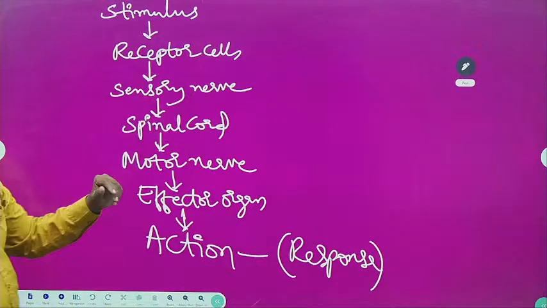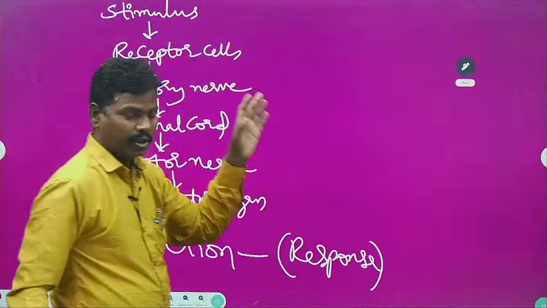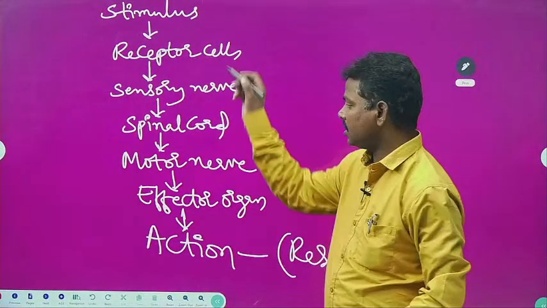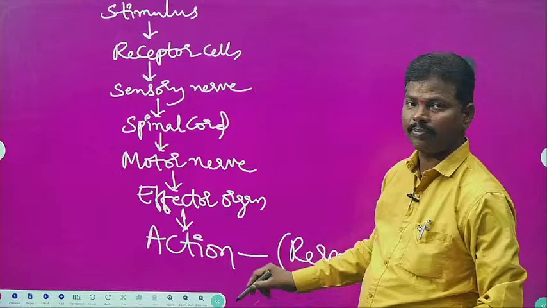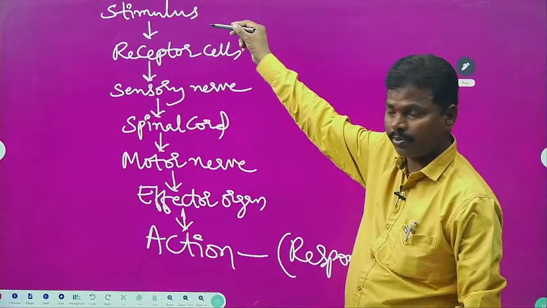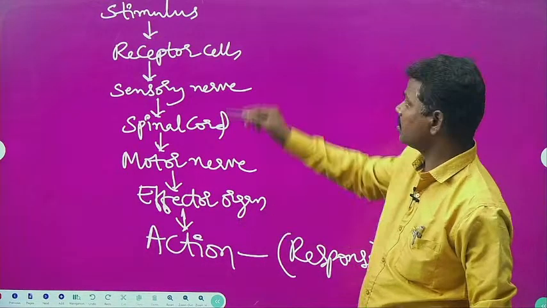So this is the flow chart of reflex action. The flow chart showing reflex action means from stimulus to response.